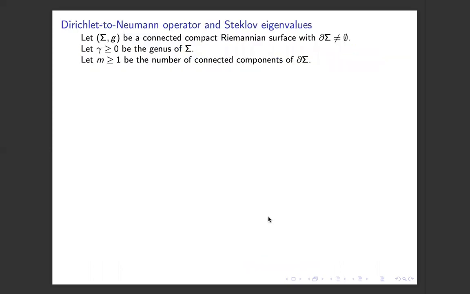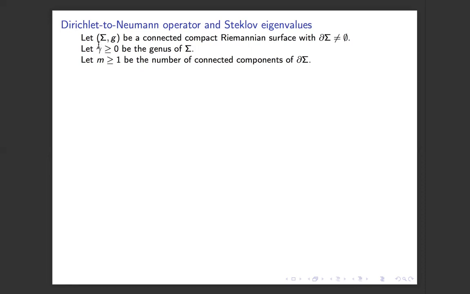So let me recall what the Dirichlet-Neumann operator and Steklov eigenvalues are. On a surface with a boundary, we have a characterization by the genus and the number of boundary components.